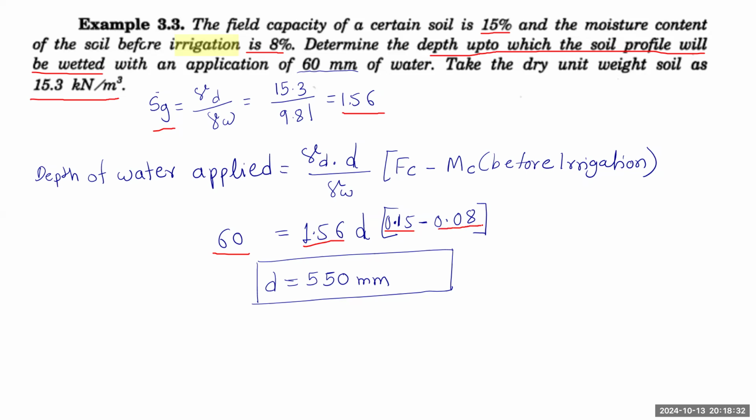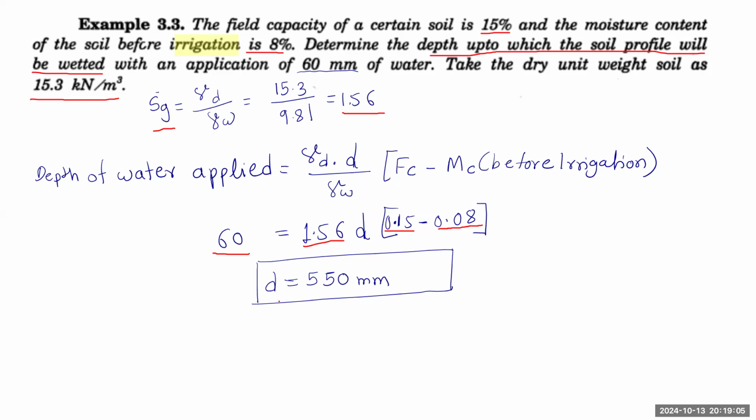According to this formula, if 60 mm of water is applied to soil having 8% moisture content before irrigation, to reach field capacity of 15%, the depth of root zone wetted will be 550 mm. I hope it is clear to you. It is very simple.